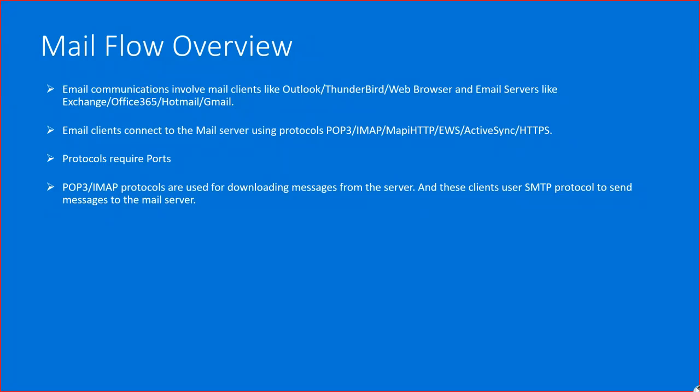Coming to the protocols that the clients use, protocols like POP3 and IMAP are used for downloading messages from the server. So these are unidirectional protocols, and POP3 and IMAP are only used to download messages from the mail server over to the client. And then the clients which use POP3 and IMAP send messages to the mail server using the standard SMTP protocol.